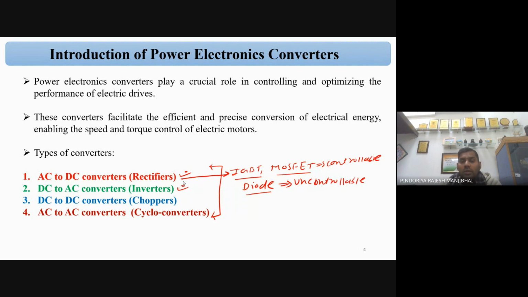Then there is the chopper, that is the DC to DC converter. Suppose you want to charge your mobile phone from a DC supply, then we have to use the chopper, because the chopper is a DC to DC converter and your mobile phone takes DC, correct?